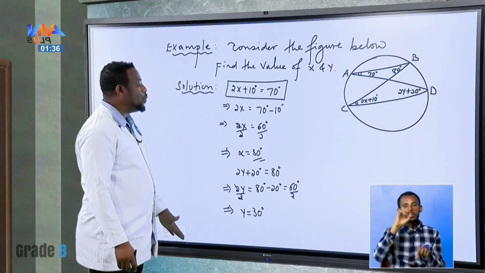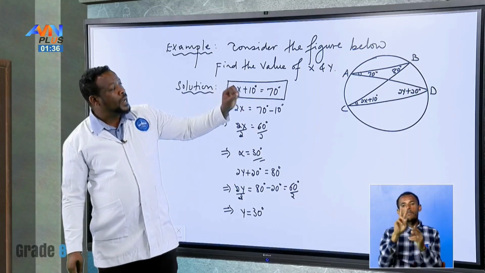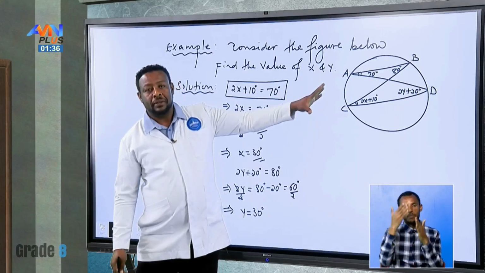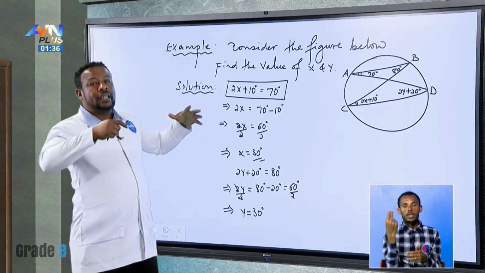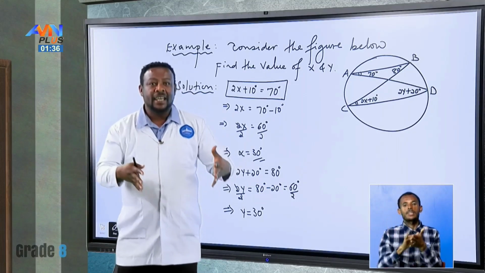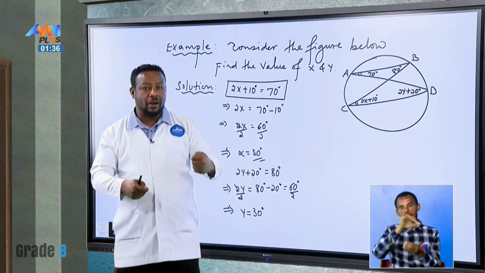So this way we can calculate the unknown variables if we have some unknown variables. This is how we apply the theorem that states two inscribed angles obtained by the same arc are congruent.